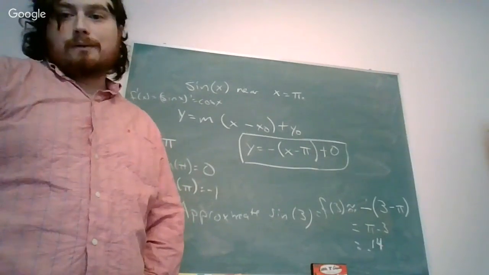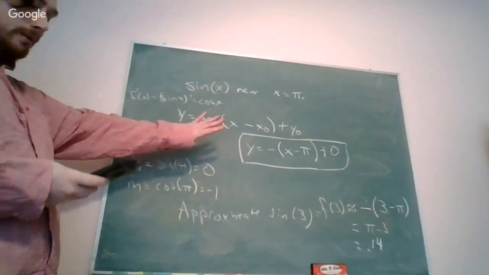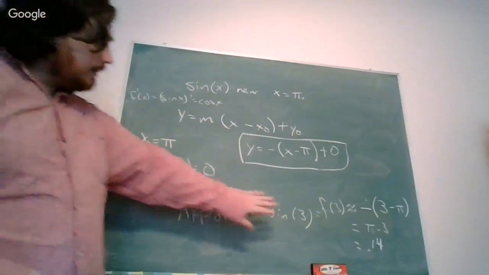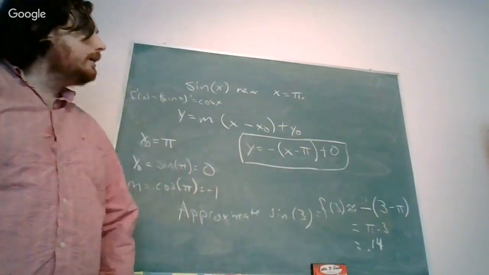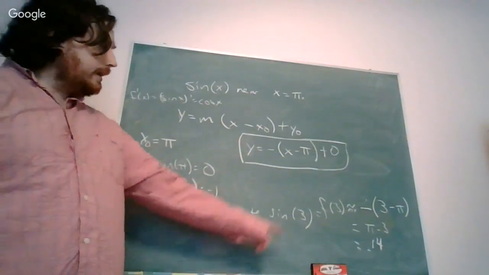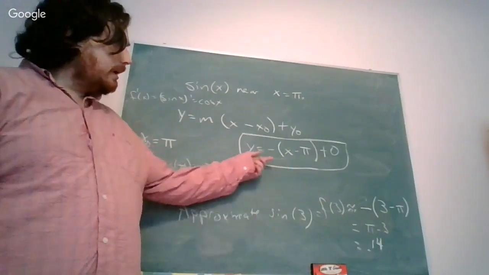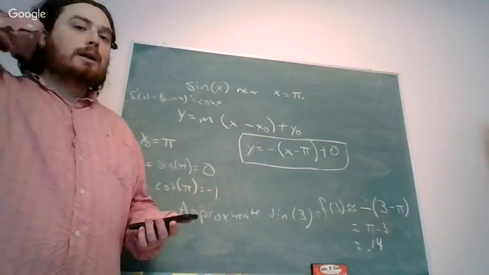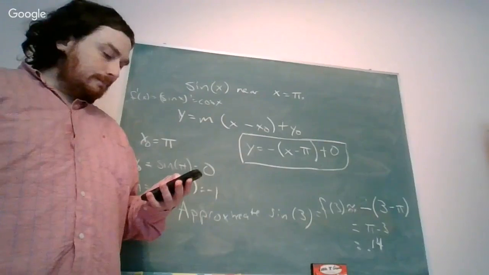That's what they're looking for: turn the function into a line, then plug the number they've given you into the line to find an approximation. Notice that finding sine of 3 by hand would be extremely difficult, but approximating pi and plugging 3 into a linear function is something we can do by hand, and that's the whole purpose of the problem.